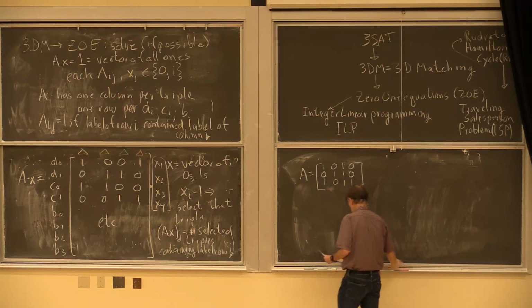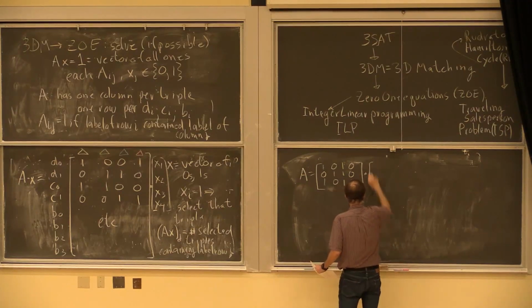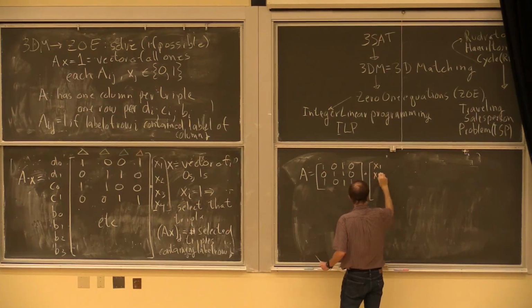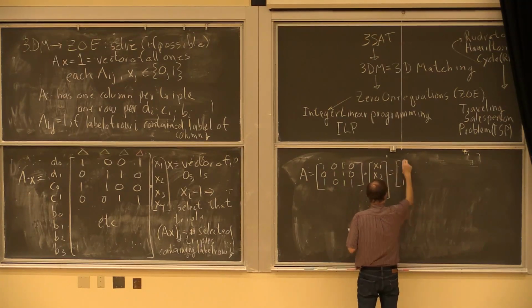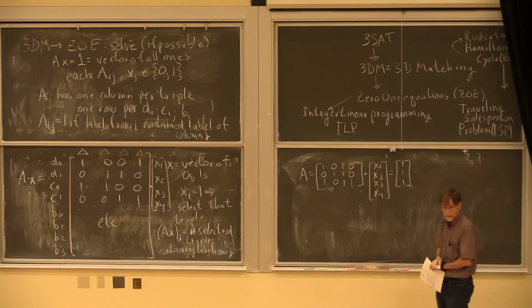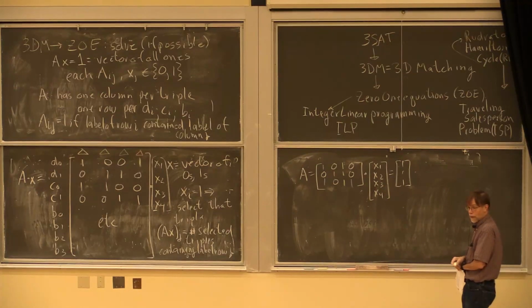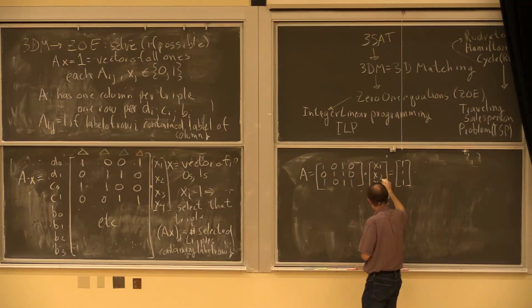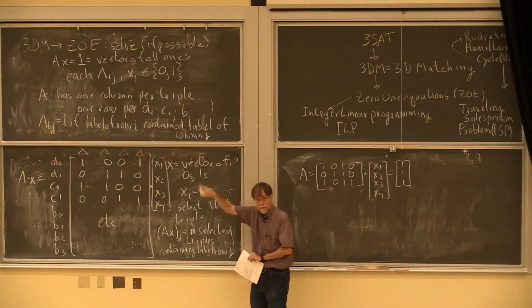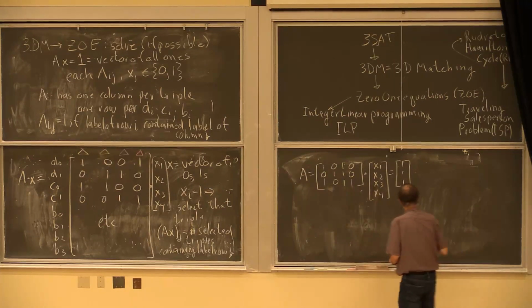Okay, and I want to multiply that by x1, x2, x3, x4, and I want that to equal 1, 1, 1. So that's going to be my system of equations. So what I want to do is build my decision about whether each of these is 1 or 0 into finding a path. And so here's going to be the trick.